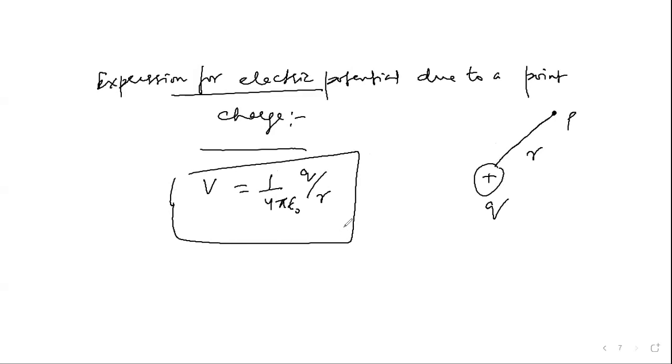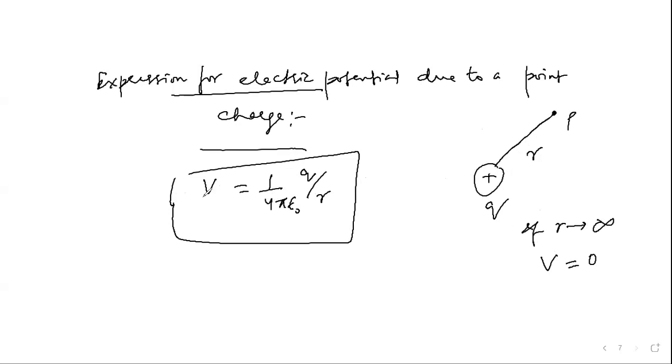Now remember here, it is also assumed in this case that if the point is at infinity, then potential is taken as 0. If R tends to infinity, potential is taken there as 0. Then this expression is valid. So if Q is positive, potential is positive. If this charge is negative, then potential everywhere surrounding it will be negative. And for a positive charge, if R decreases, potential will increase.